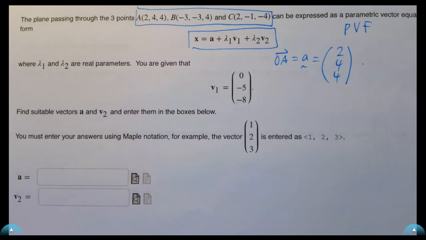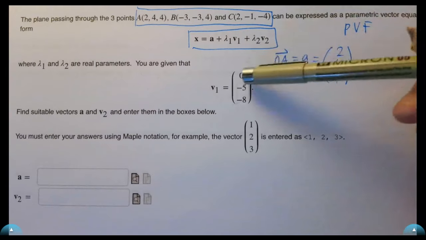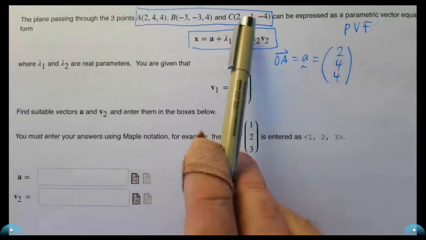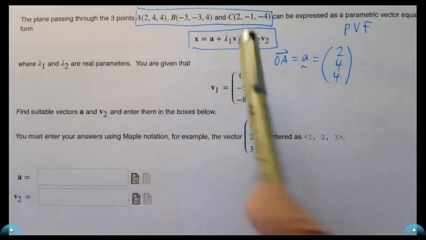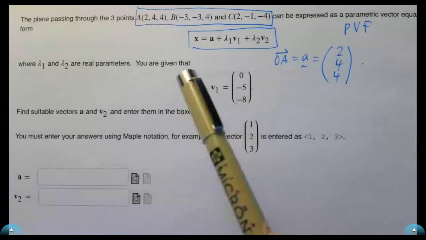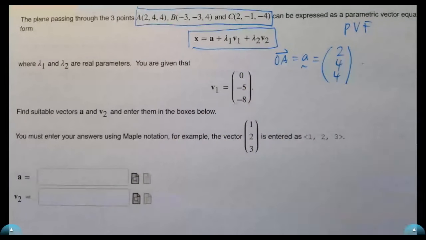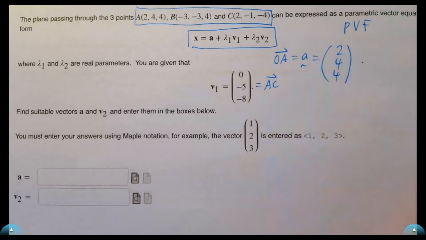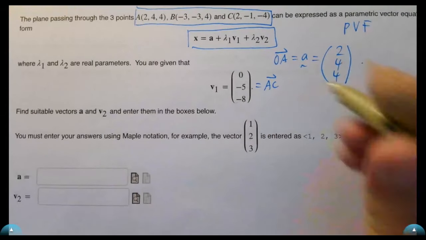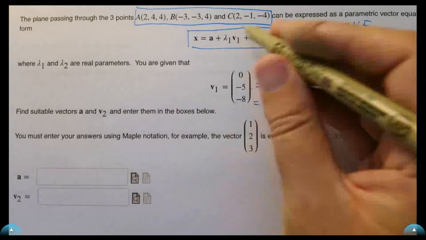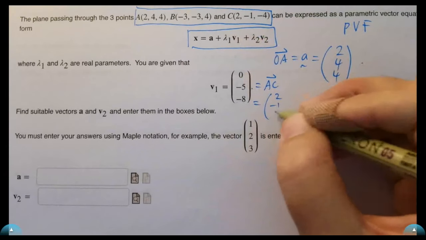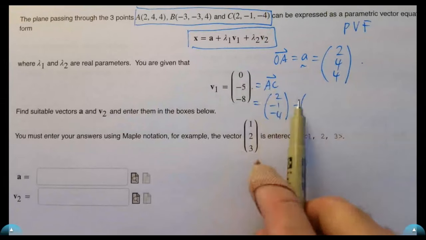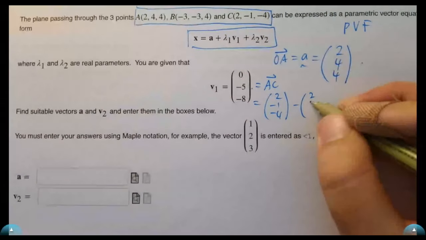Yes, Jarvis, excellent work. If we compare this vector with, say, the vector from A to C, then we actually get V1. So if we make a little comparison here, going on Jarvis's observation, let's just check this. So the vector from A to C is this difference.